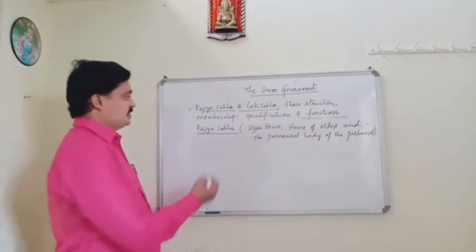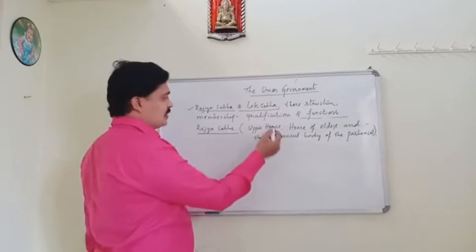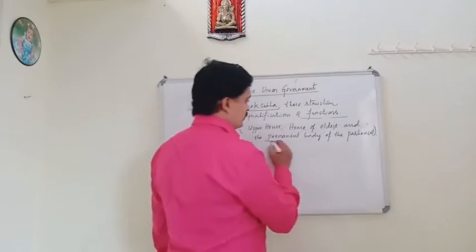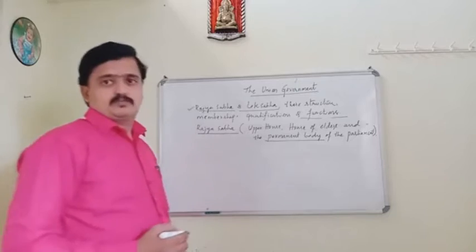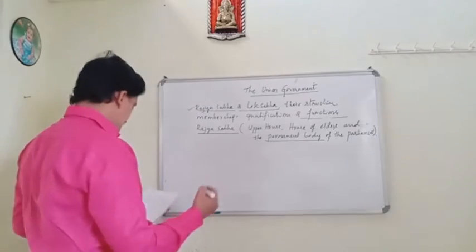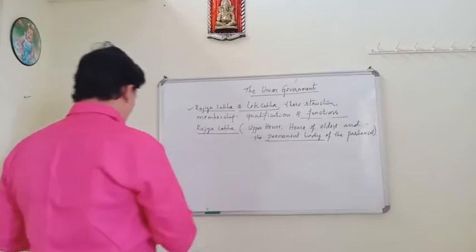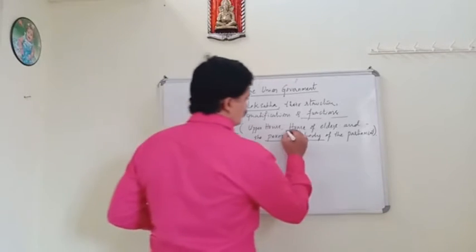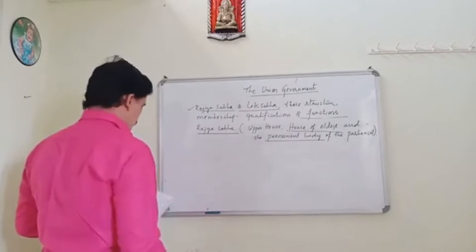Rajya Sabha is known as the upper house, house of elders, and also the permanent body. Got it?